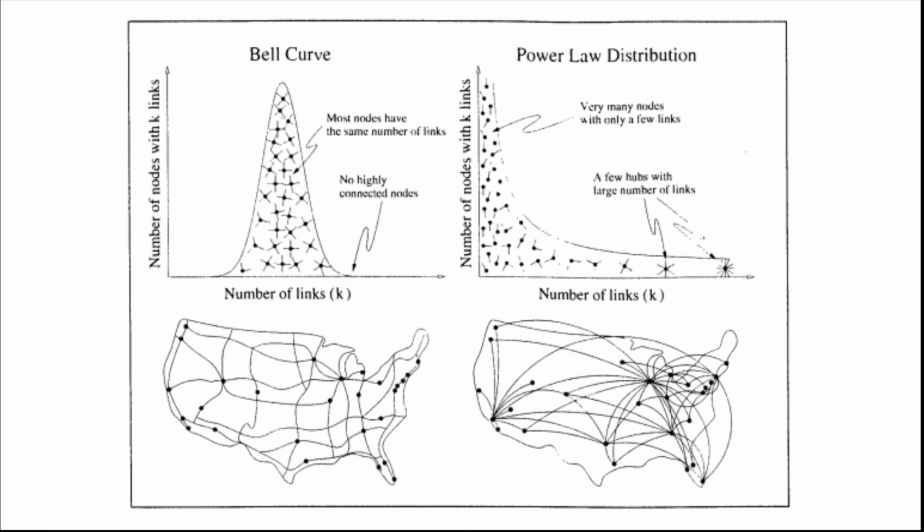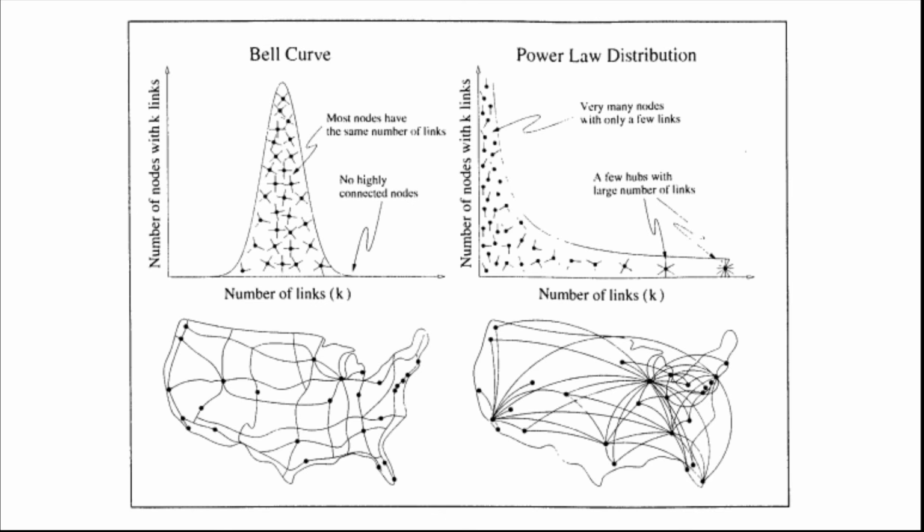Versus if you look at a different distribution, like a bell curve, we basically have a scenario where we have a lower number of links for a few nodes, and we have a higher number of links for a few nodes. And everyone kind of falls in the middle into a sort of average.